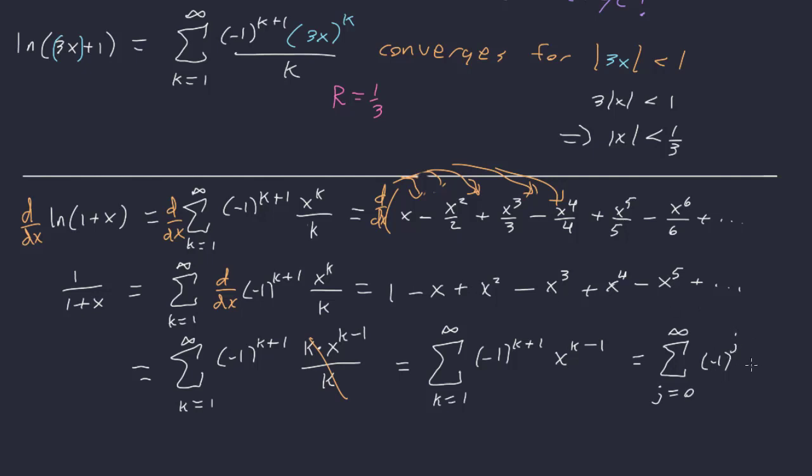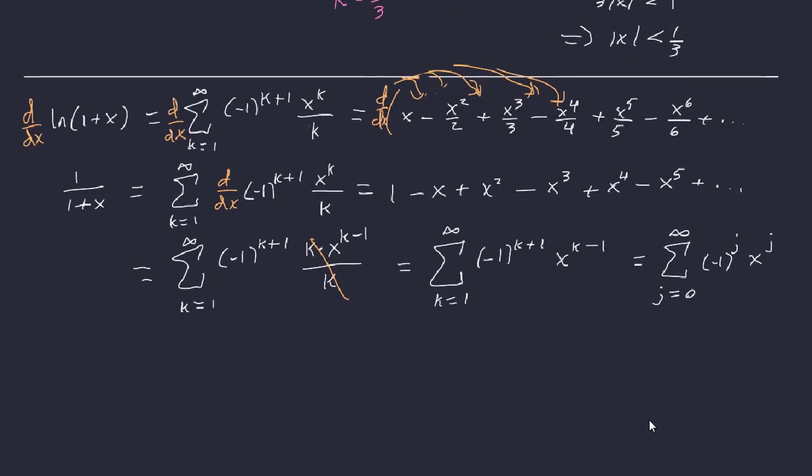That would make it positive. Then times x to the j. Okay, so at j equals 0, we get 1. At j equals 1, we get negative x to the 1. J equals 2, we get plus x squared. J equals 3, we get negative x to the 3rd. Perfect.